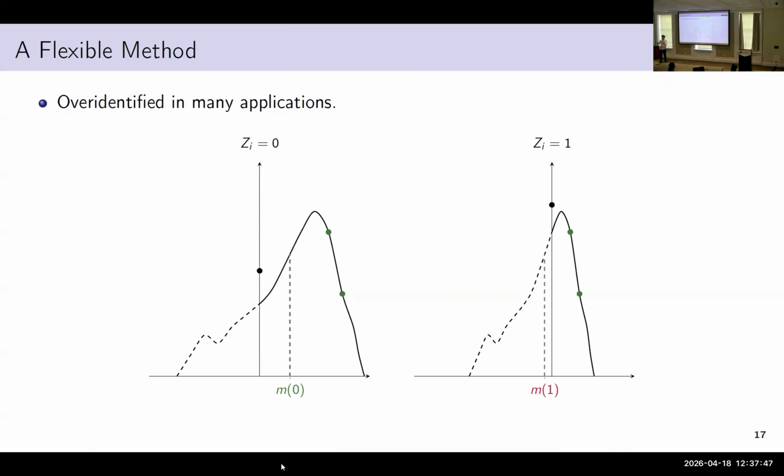So I can recover M1 in two different ways, and therefore I'm over-identified. I also use two quantiles because I want a just-identified linear system, but I could use, say, 10 quantiles. That system is still in two unknowns, with 10 equations, so I can recover everything in an over-identified way.